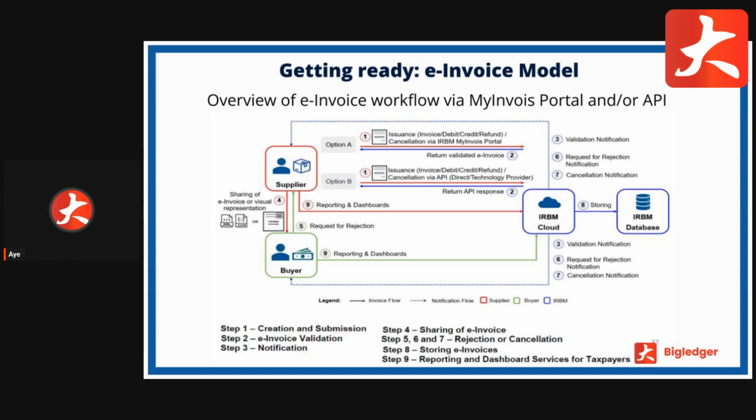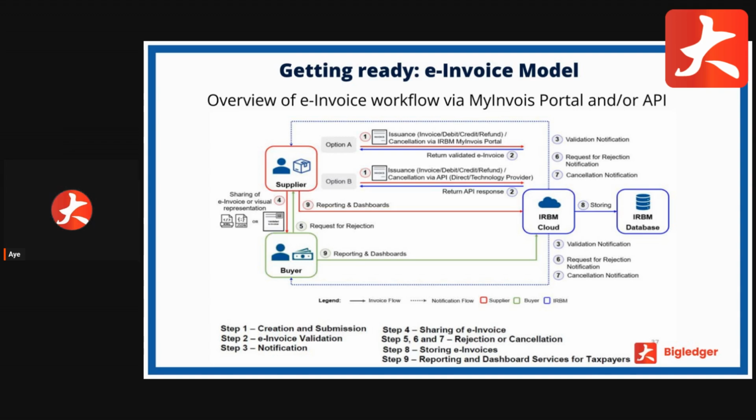If validated, then they will send back the UUID, unique identifying number, to you through MyInvois Portal or API. Then third one is if your submission is successfully validated, then a notification will be sent to both supplier and buyer side.